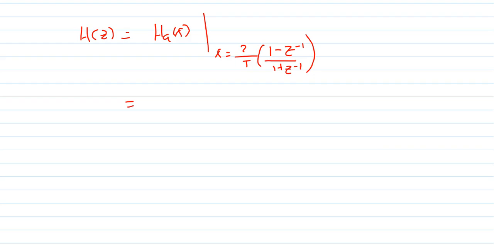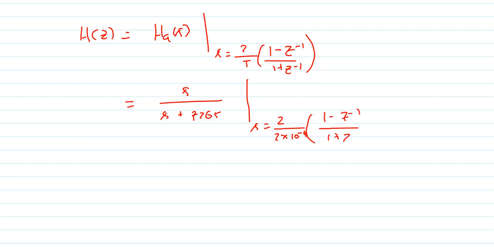So HA of s is nothing but s by s plus 7265, and you apply s equal to 2 by (2 into 10 power minus 4) into (1 minus Z inverse) by (1 plus Z inverse).